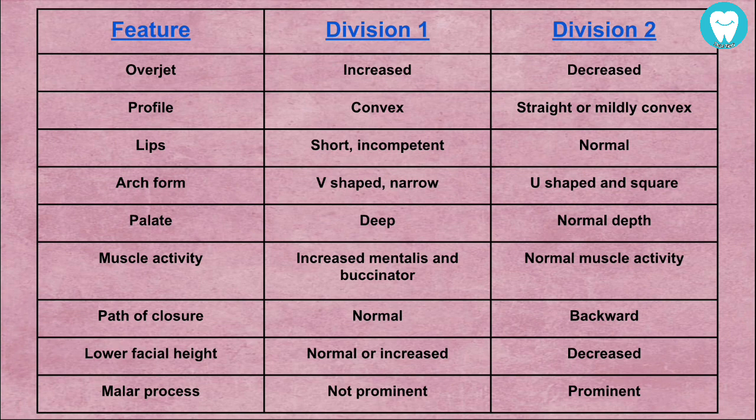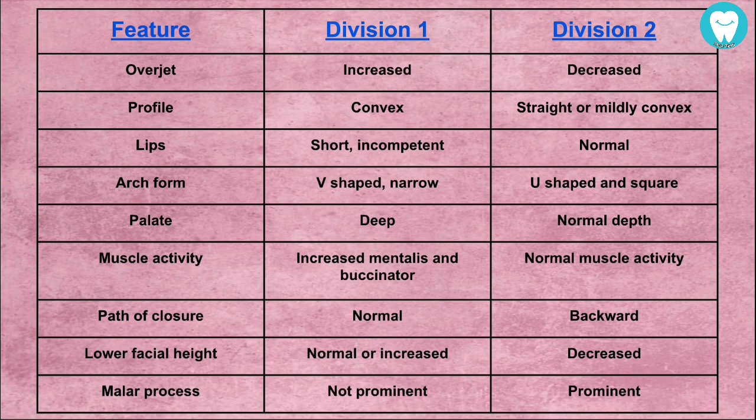Now let's see the difference between division 1 and division 2. Overjet is increased in division 1 while it is decreased in division 2, because in division 1 the incisors are proclined and division 2 has retroclined central incisors. The profile will be convex in division 1, and straight or mildly convex in division 2, because the maxillary jaw is placed ahead of the mandibular jaw.